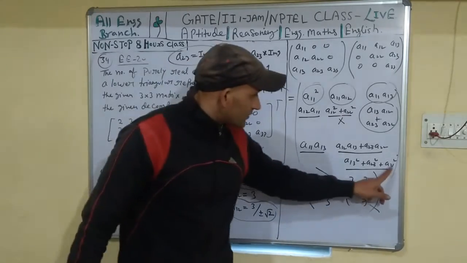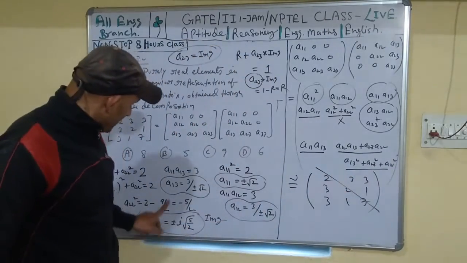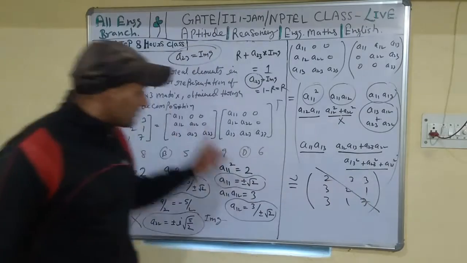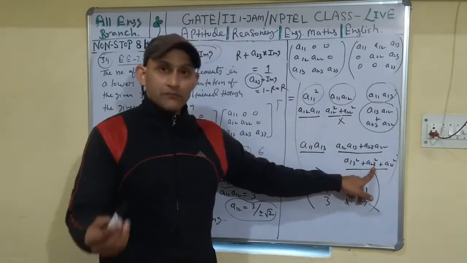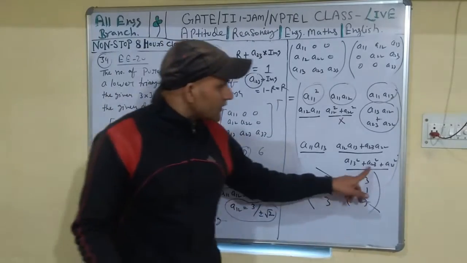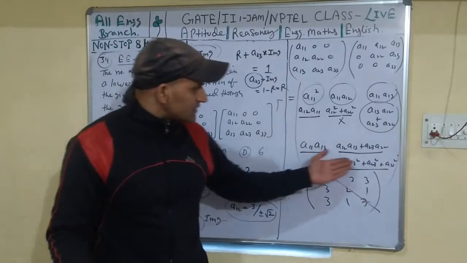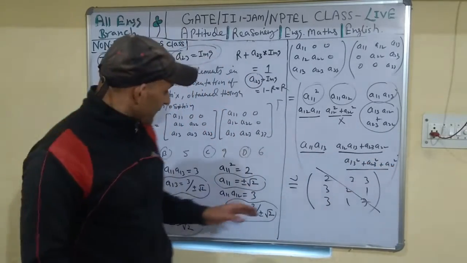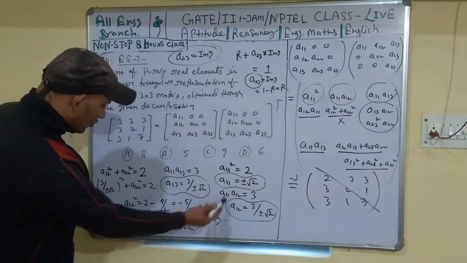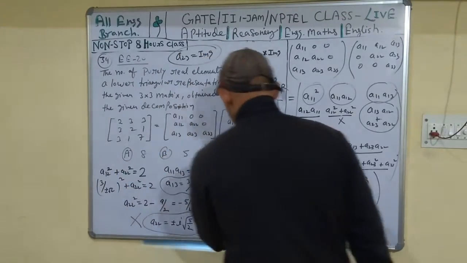Now the last one, A33. A13 we have already found, and A23 is imaginary, whole square. Maybe it is real. A33 is real. But we are finding a total of 3 real elements, while the answer options are 8, 5, 9, 6.